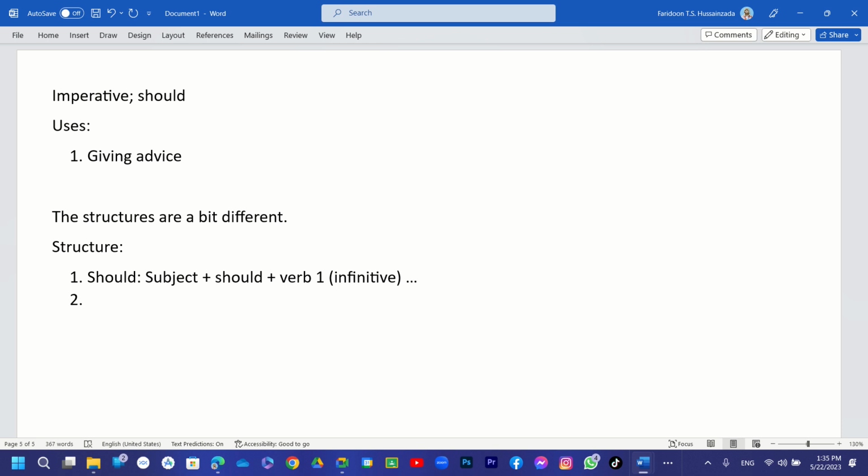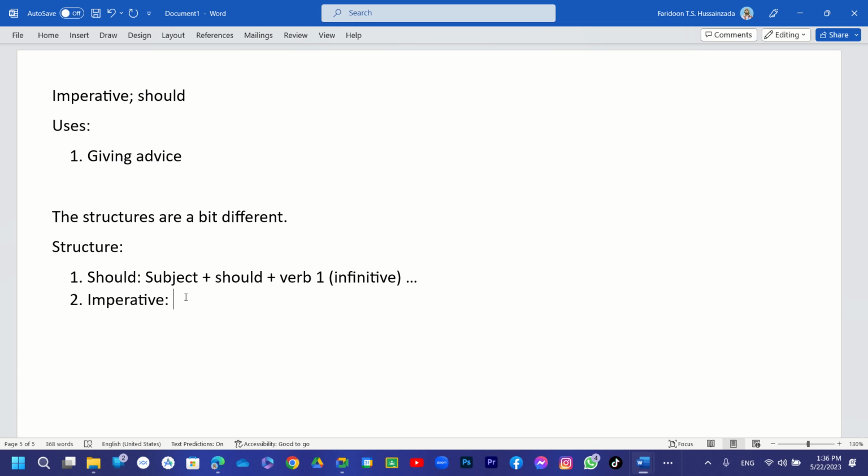And the imperative one is a little different, because the imperative sentence is a little different from the normal sentences. The normal sentences, also called declarative sentences, have to have a subject. But with an imperative sentence, you don't need a subject.